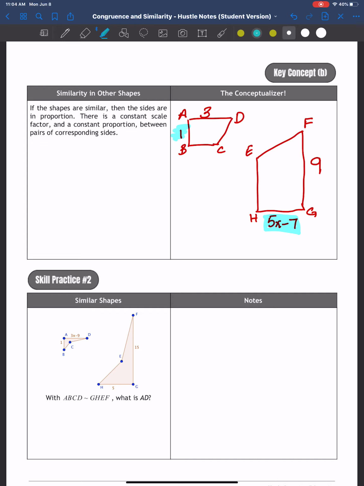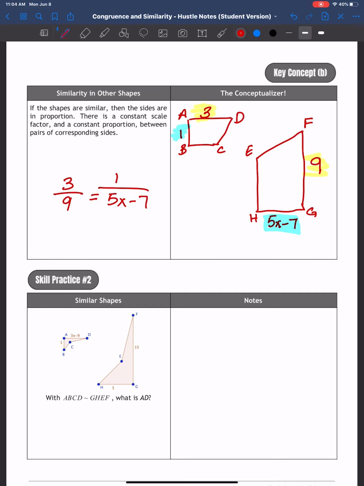So you would set this up as a proportion. So you have 3, which is right here, and 9 are also the same. So you have 3 over 9 equals 1 over 5x minus 7.